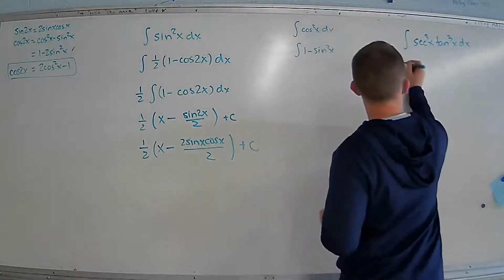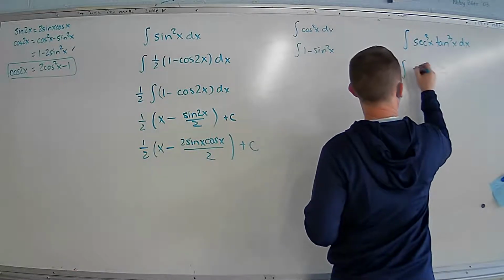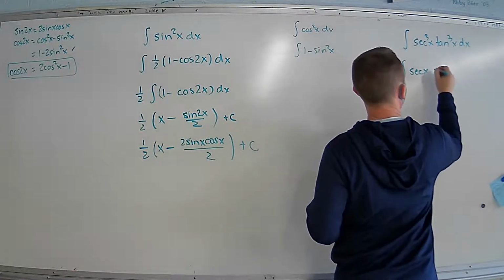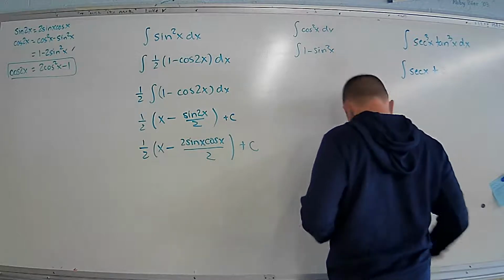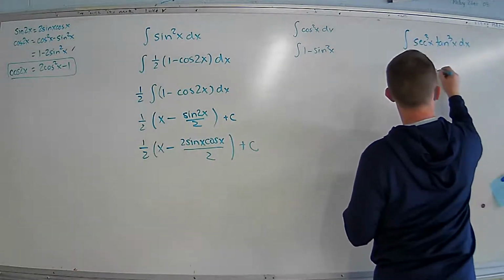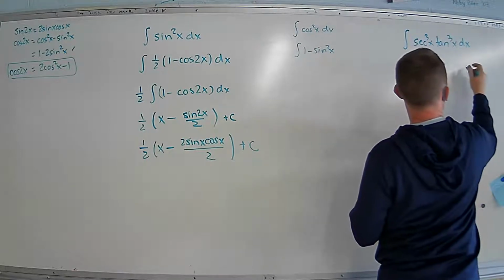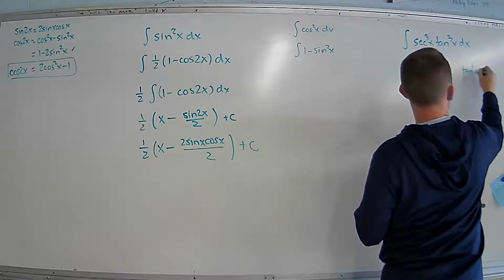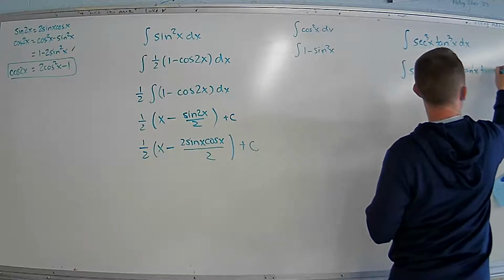So watch this. I'm going to call this secant of x times secant squared. And I'm going to call this tangent squared x times tangent of x.